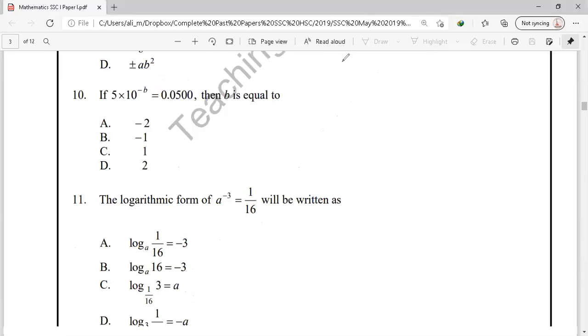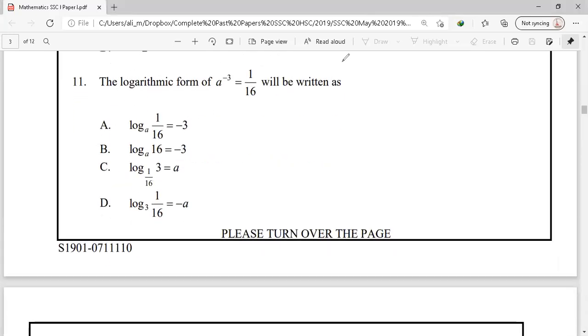Let's see the other question, that is question number 11. In this question, we have to convert this expression into the logarithmic form, where a raised to the power minus 3 is equal to 1 over 16. So let's convert this expression into logarithmic form.